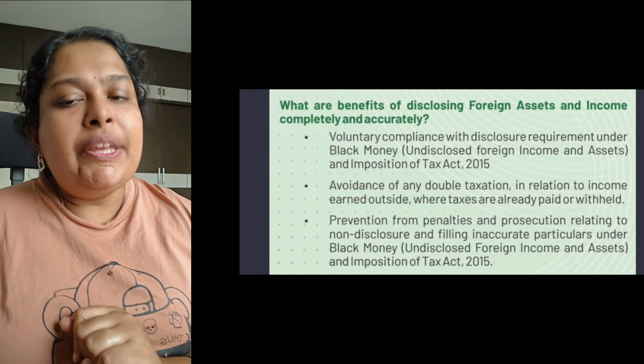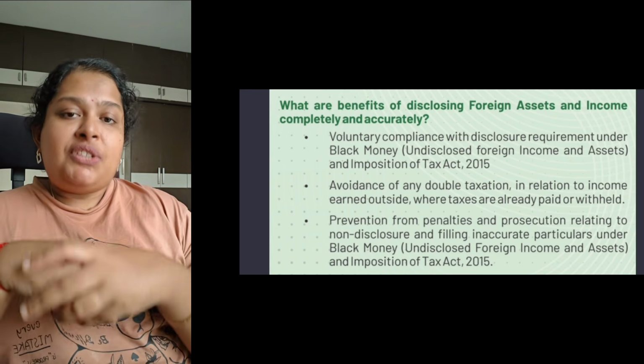One important thing to remember is that Schedule FA is only for disclosure. It doesn't automatically mean you will pay any additional tax. Its purpose is to provide information about the foreign asset to the income tax department. Schedule FA is generally applicable only to resident and ordinarily resident taxpayers.